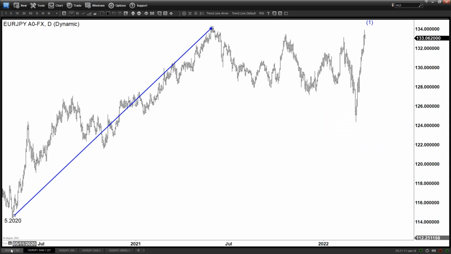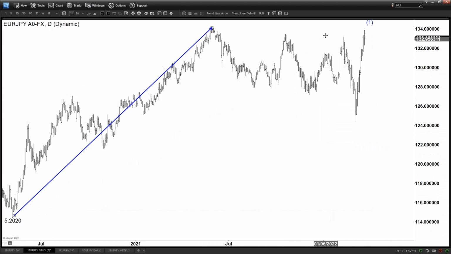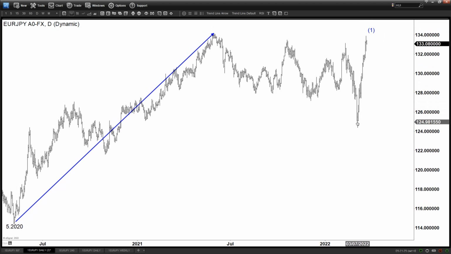So that rally is what we see here in the 1 hour time frame, this 1, 2, 3, 4, 5, and that should be ending sooner or later. It could be ending now, or it could make a few more highs, but we are expecting this rally to at least take a breather. Nothing works in a straight line without some kind of reaction or pullback. So that rally should be ending soon, and then we will get this pullback.